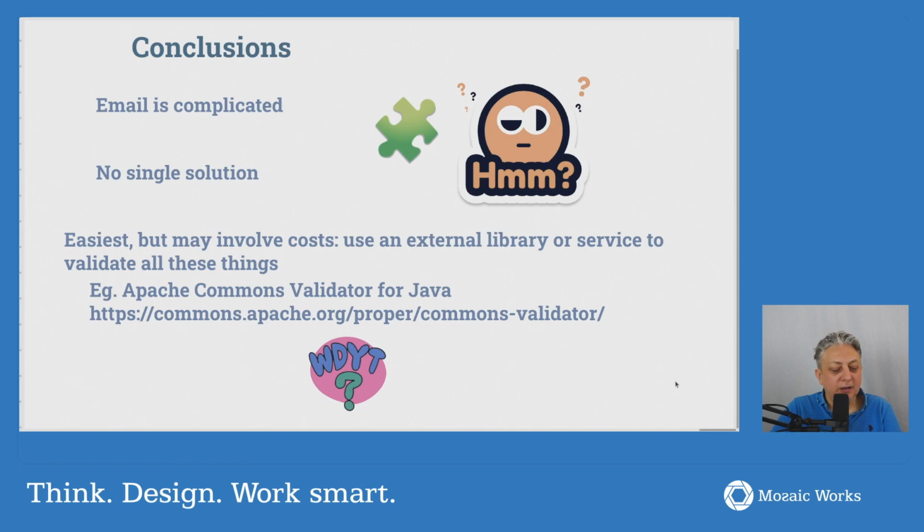One that I've used in the past is the Apache Commons Validator for Java that contains an implementation for validating email. I don't remember exactly all the details, but I think part of it was validating blacklists and other things like this.